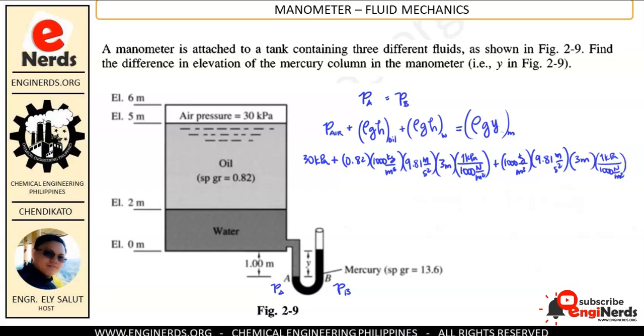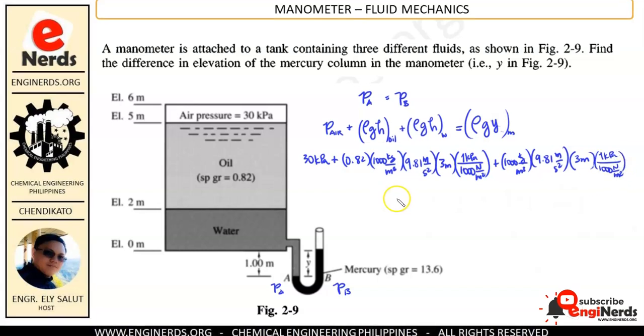So we have now here the left side of our equation. Now, this is equal to PB, which is rho GY of our mercury. So we need to get the density of mercury. So we have the specific gravity, which is 13.6 times the density of water, 1,000 kilogram per cubic meter, times the acceleration due to gravity, which is 9.81 meter per second squared.